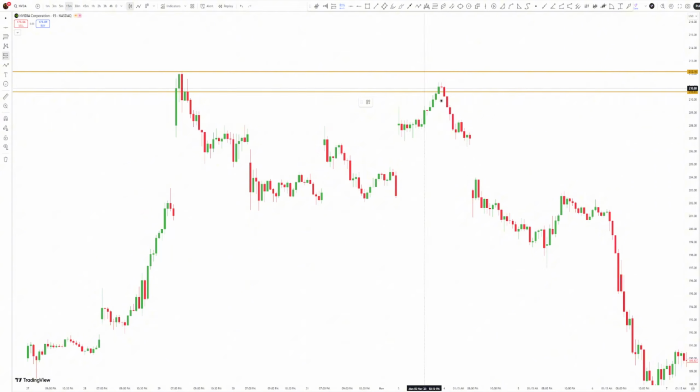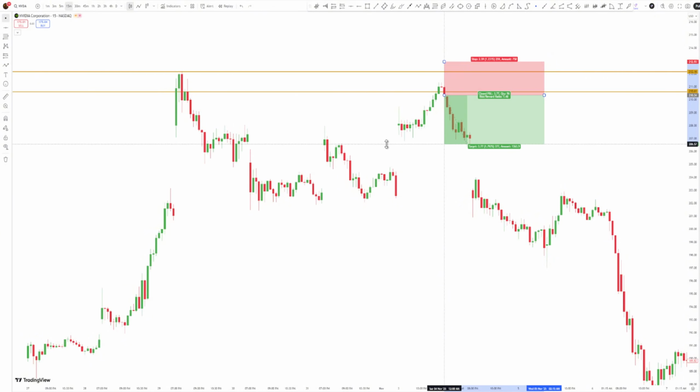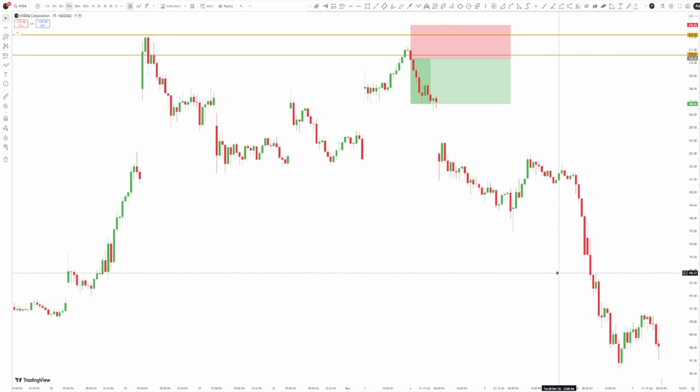So we take entry here with stop loss above the previous high and maybe keep this area as the target area, and you can see that the price did inevitably fall hugely.